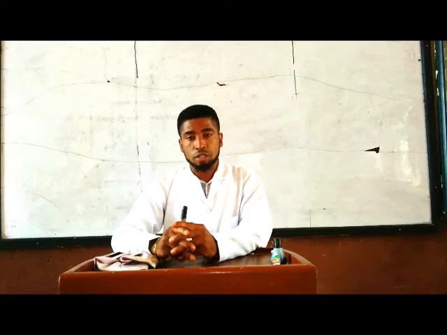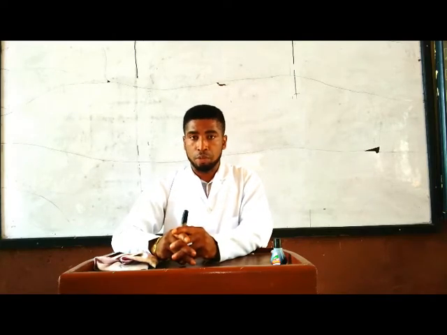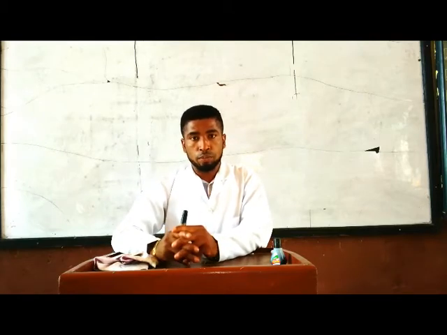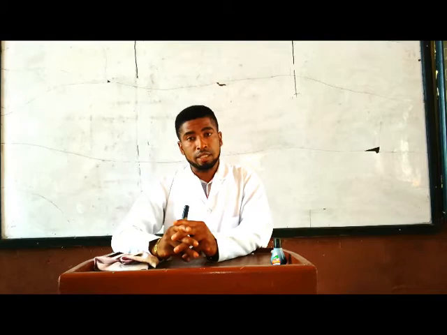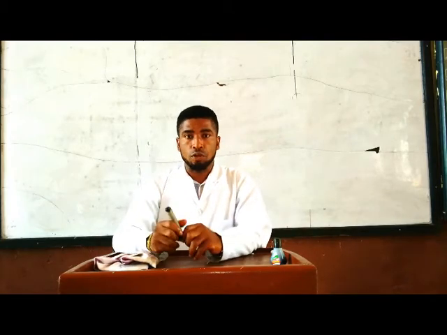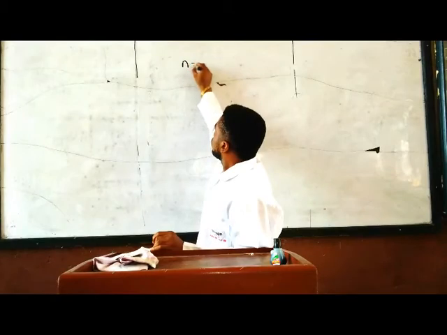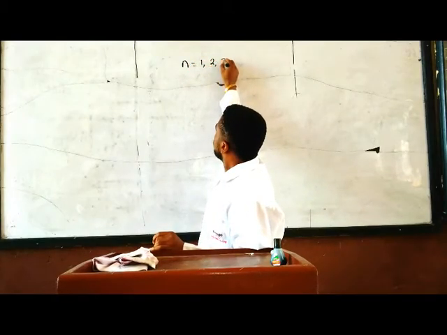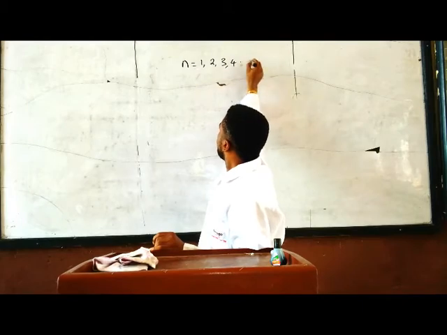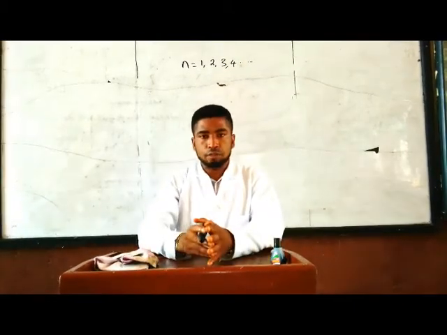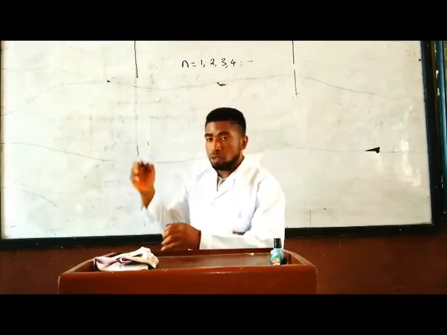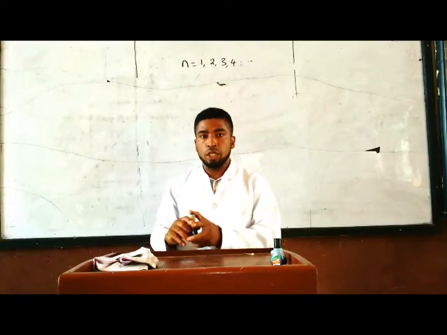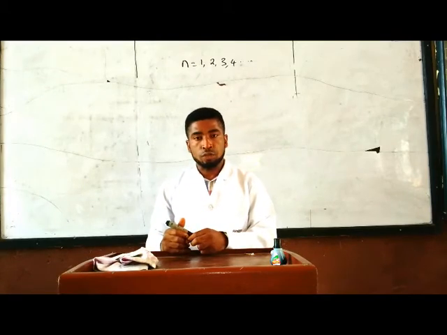In case you have forgotten, let me refresh your memory that the principal quantum number determines the major energy level of an electron in an atom, and it takes the integral values of n equals 1, 2, 3, 4, and so on and so forth.